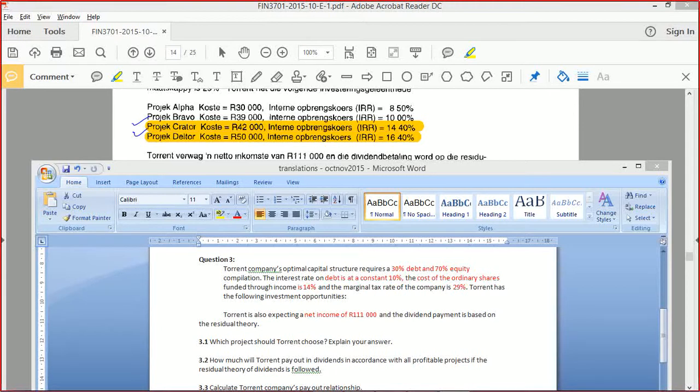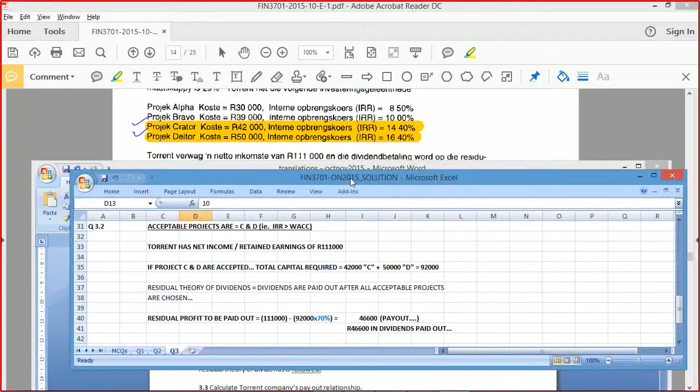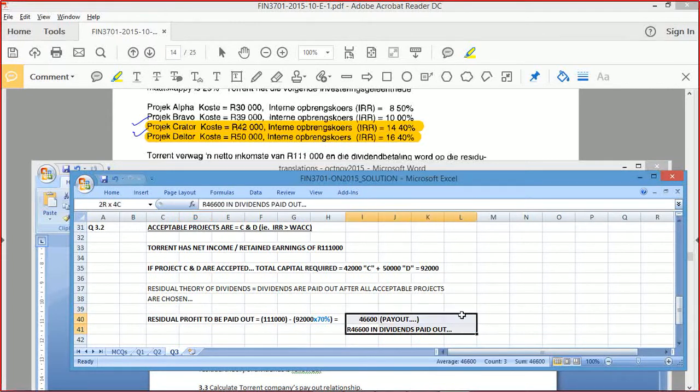So if we've got a residual, we had 111,000 rand in earnings, minus 64,400 gives us 46,600. Good. And what is that going to be? Your dividends. Yeah, that would be your dividends. Good. Full marks there.